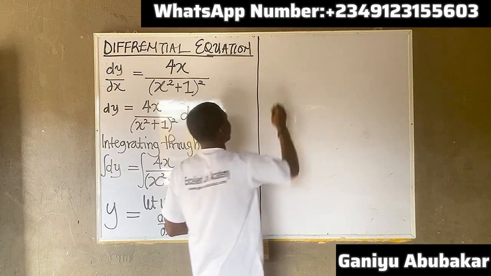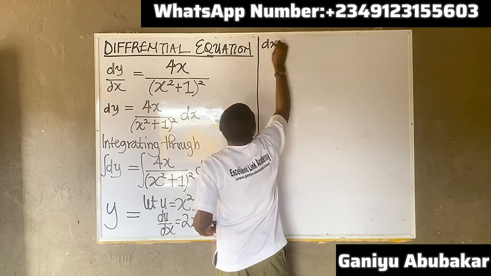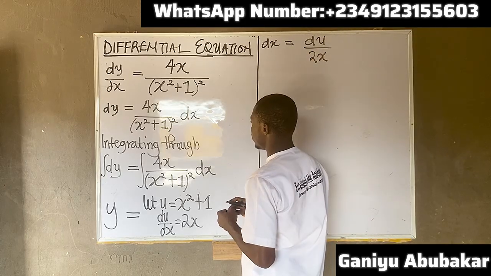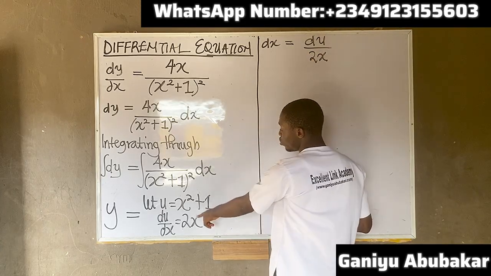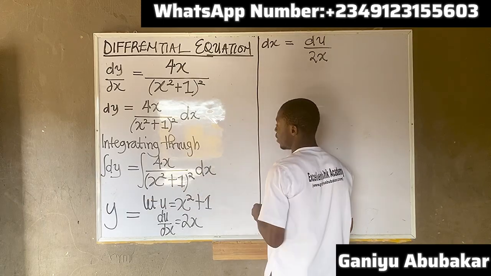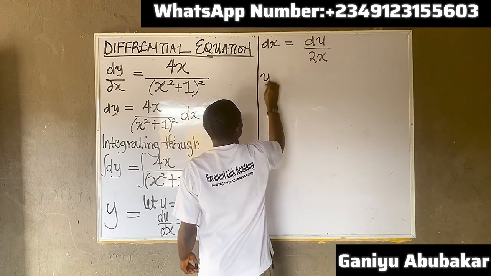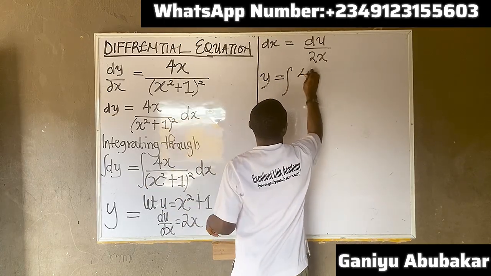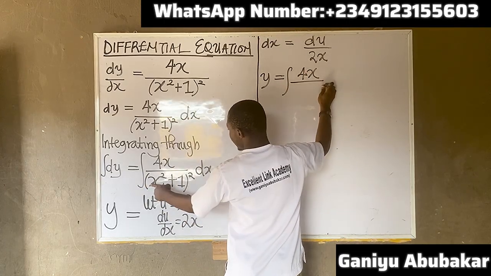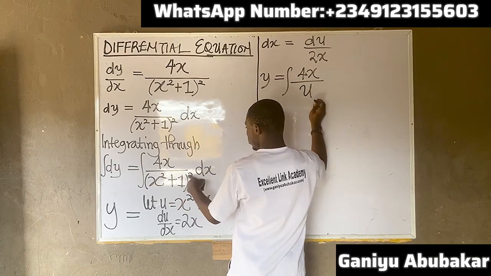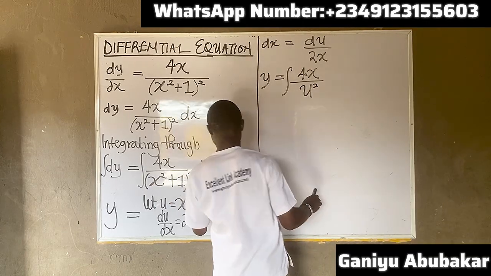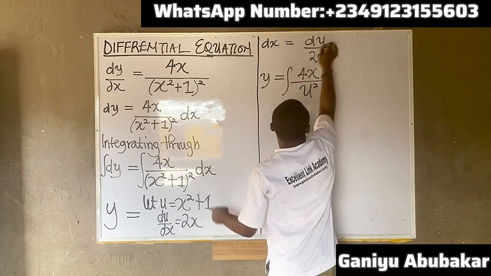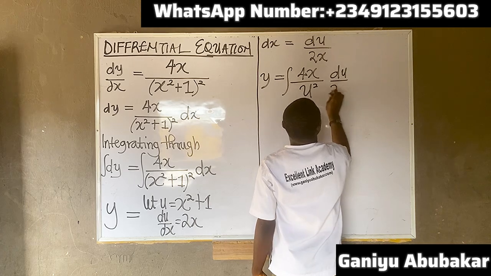Make dx the subject here. The dx gives you du over 2x. You see why I just use only this as u. You see why now? This gives you y is equal to the integral of 4x all over, we said everything here is u, so this should be u squared. The dx is of course du over 2x.